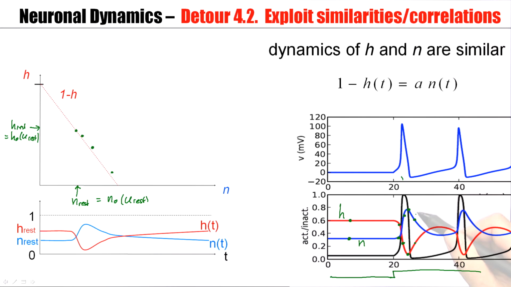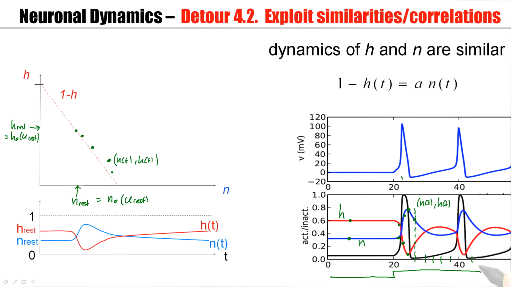So at each moment in time, I can read out a combination N of t, H of t. For example, this might be the point N of t, H of t. And there are many points. I can evaluate this at each moment in time.